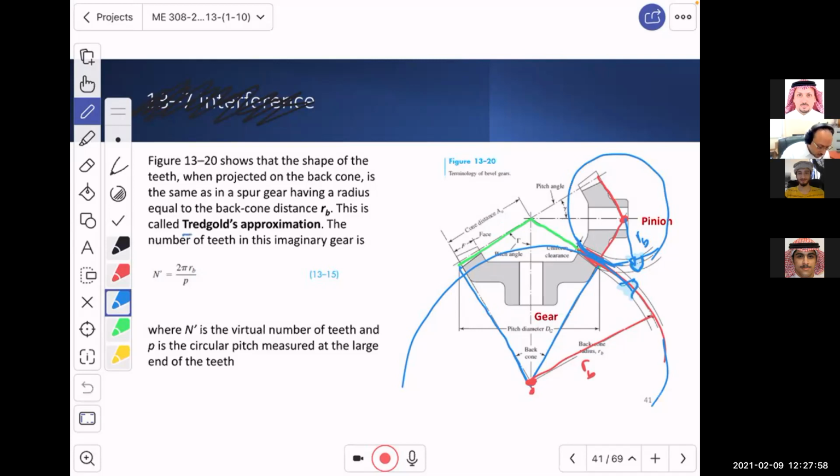This is called the Tredgold approximation. This approximation gives you the virtual number of teeth on that spur gear, which equals 2 pi multiplied by R_B divided by P.